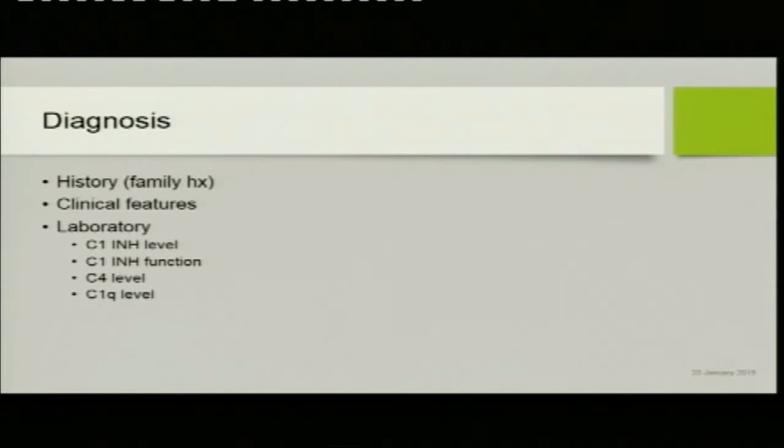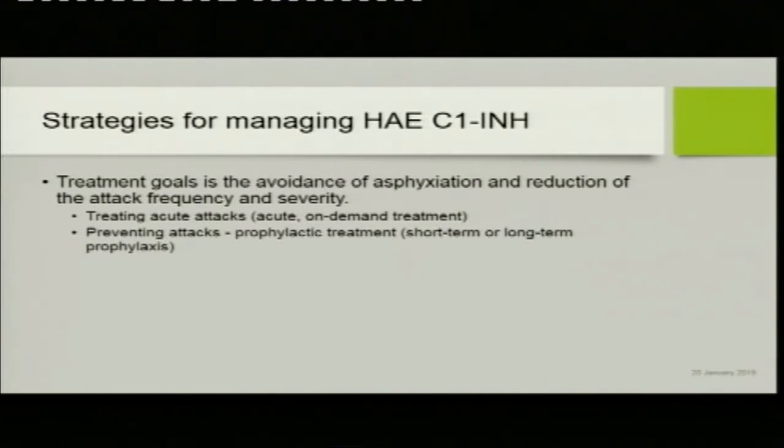Then we have to have a very good laboratory diagnosis. We have to check the C1 esterase inhibitor antigenic level and function, and then C4 and C1q to differentiate from the acquired form as well. So, what's the goal of the treatment?